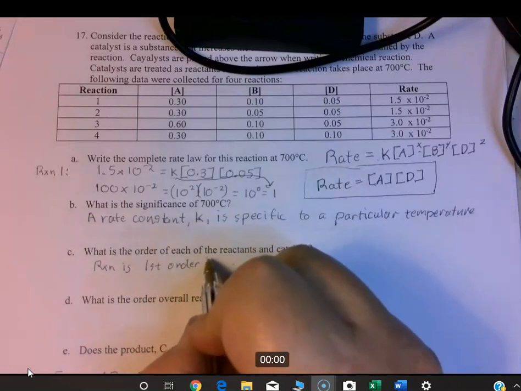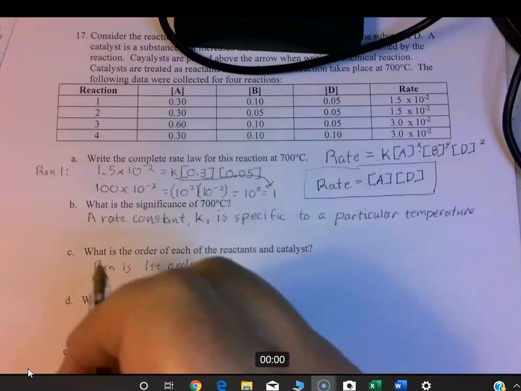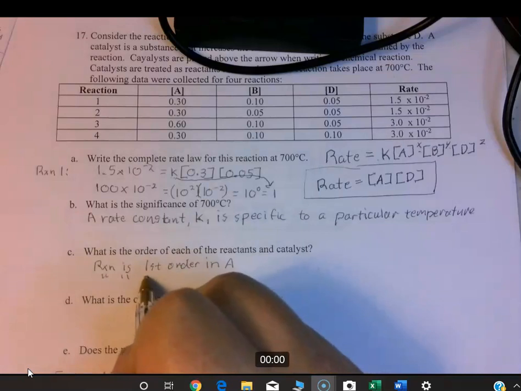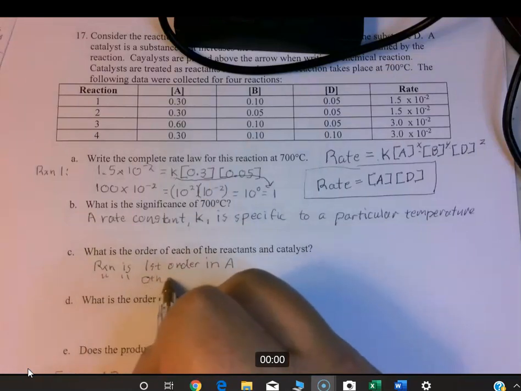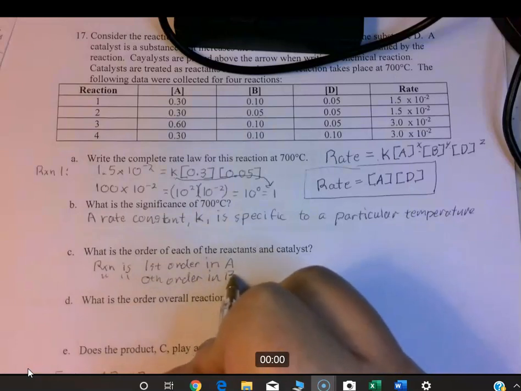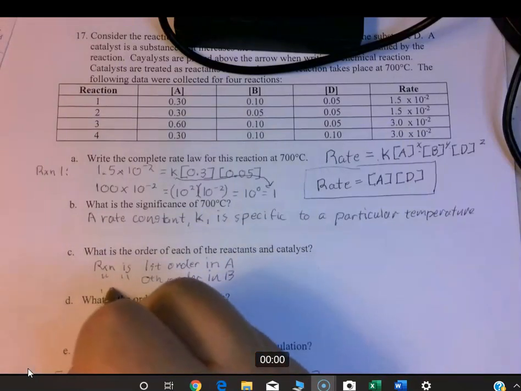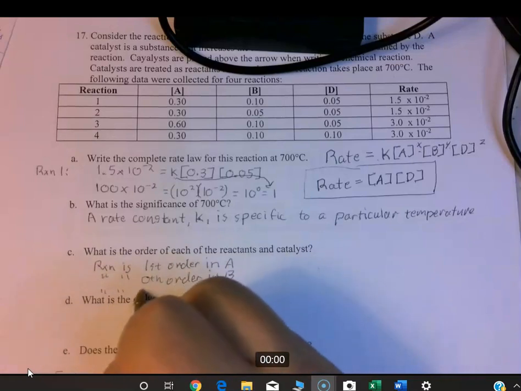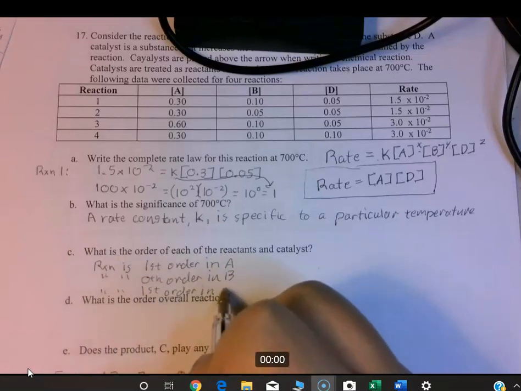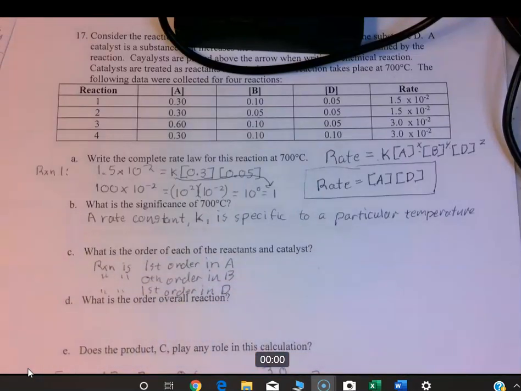First order in A. The reaction is 0th order in B, and the reaction is first order in D. Okay, so that's it. That's the orders of each of the reactants and the catalyst.